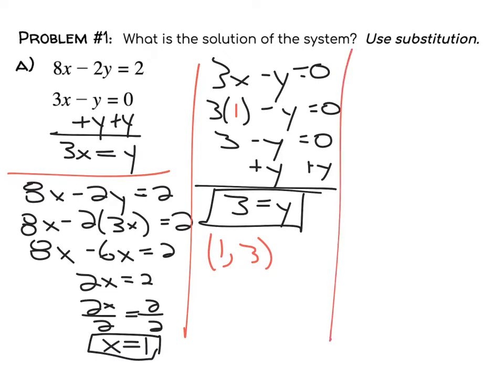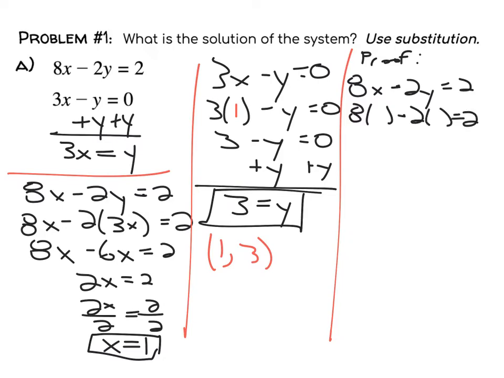How do we check it? We substitute both of the variables in to check, and I'm going to do that, call it the proof. First one we'll do is 8x minus 2y equals 2, and then substitute in for x and for y what we believe they are.